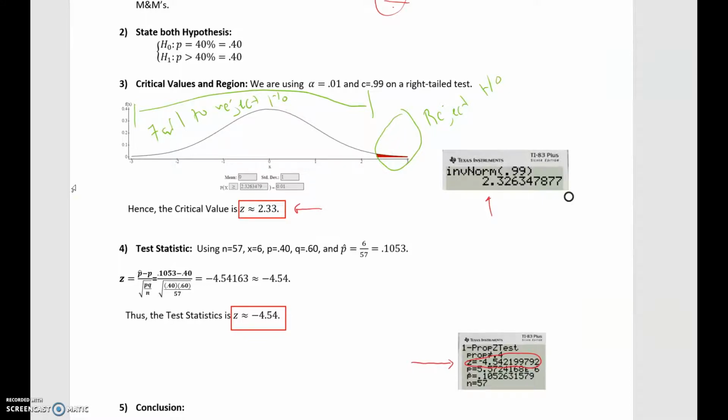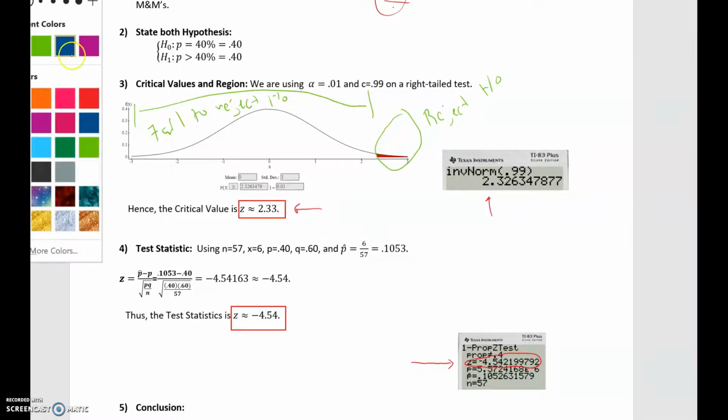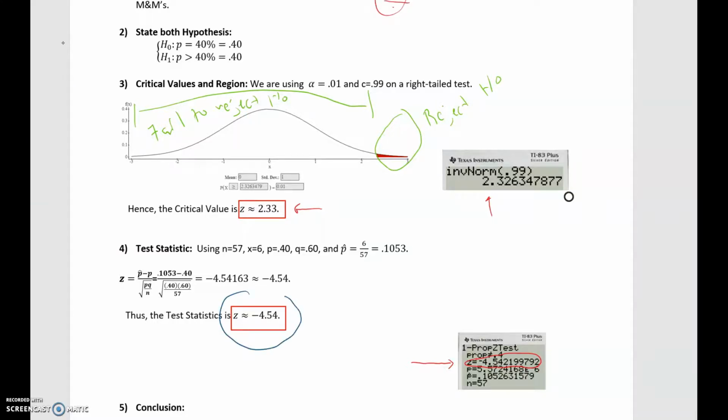Now, the final portion is with respect to the actual test statistic. Remember that the test statistic represents the sample. If the sample or test statistic falls under the red portion, and notice that the red portion starts at 2.33, you would conclude to reject H0.